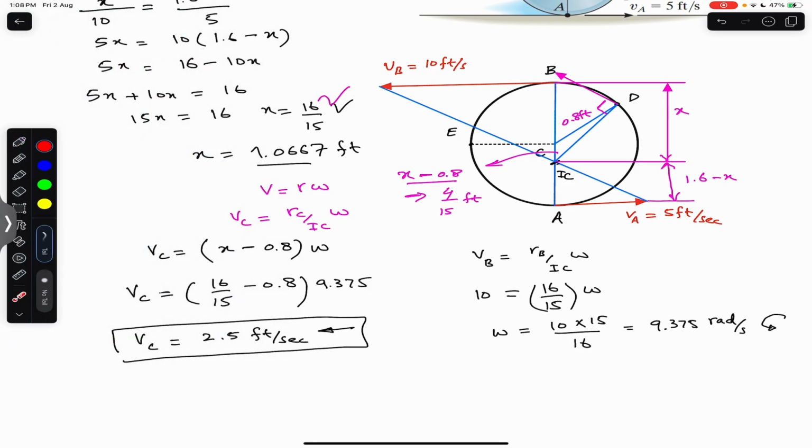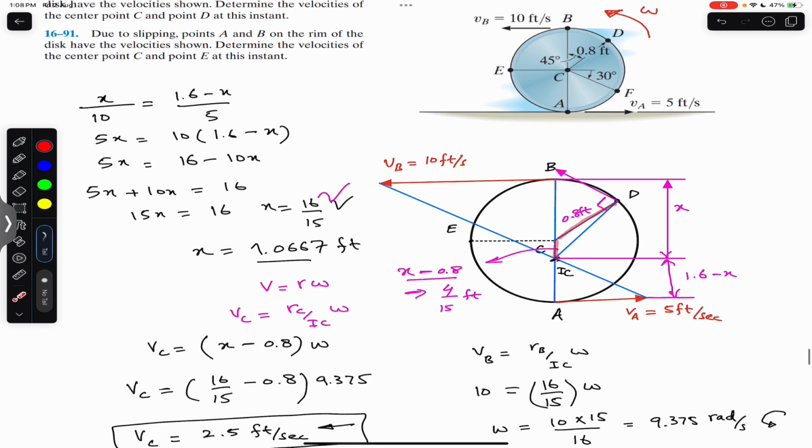So now we know this length, and here we are given that the line which joins point C and D is making a 45-degree angle. So this angle is 45 degrees. So if this angle is 45 degrees, then this angle is 45 as well. And this is 90.